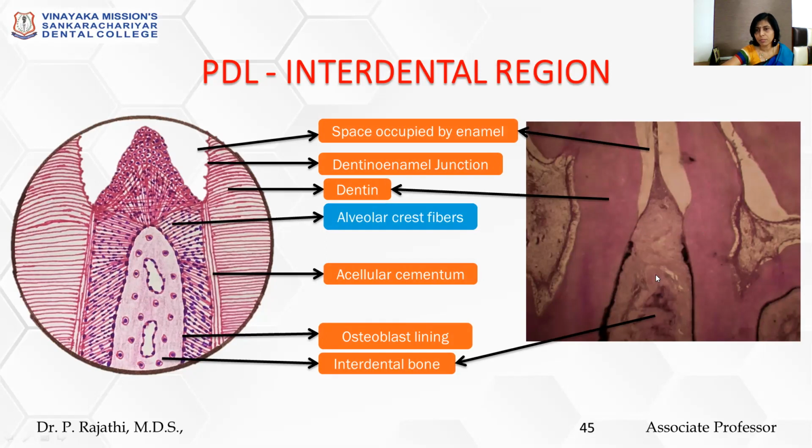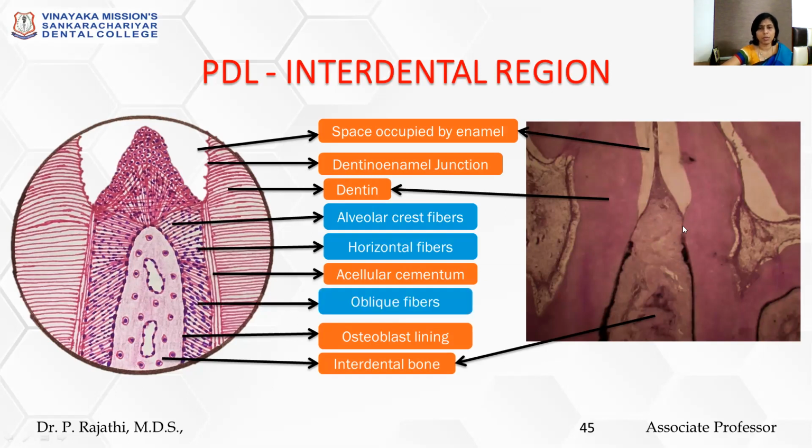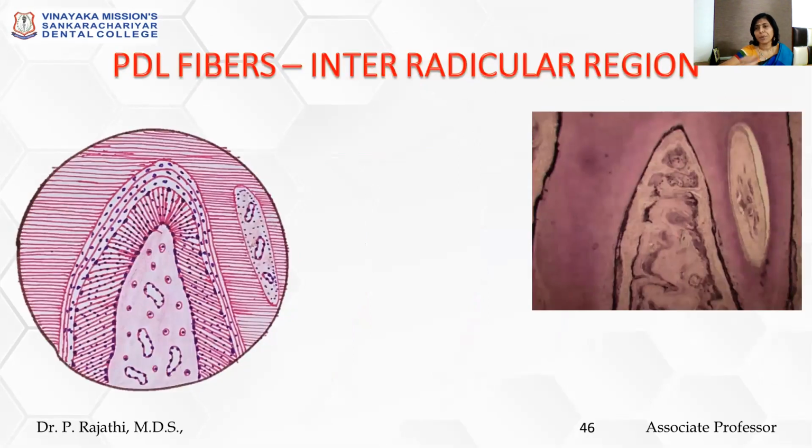So it will be from the crest of the alveolar bone to the cementum, just beneath the junctional epithelium. This is how the orientation is going to be. Alveolar crest fibers, and then the horizontal fibers just beneath the alveolar crest fibers, and then the oblique fibers. That is the periodontal ligament in the interdental region.